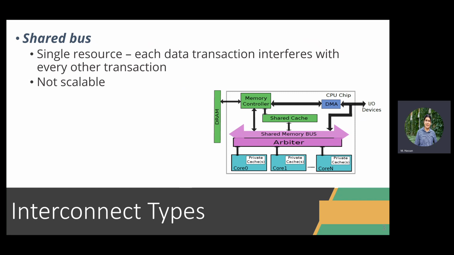So it's a unified single resource, and each data transaction interferes with every other transaction. Because I cannot really send 2 transactions simultaneously on the same bus, a bus is only one unified view. It's a series of wires that are seen by every single one. It cannot hold 2 transactions at the same time, right?